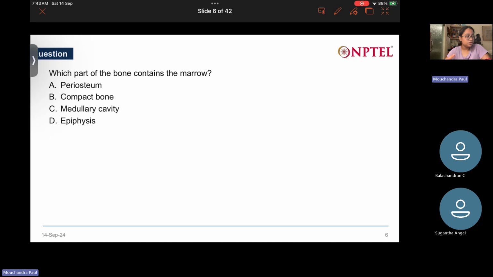So the first question is: which part of the bone contains the marrow? A, periosteum; B, compact bone; C, medullary cavity; D, epiphysis.